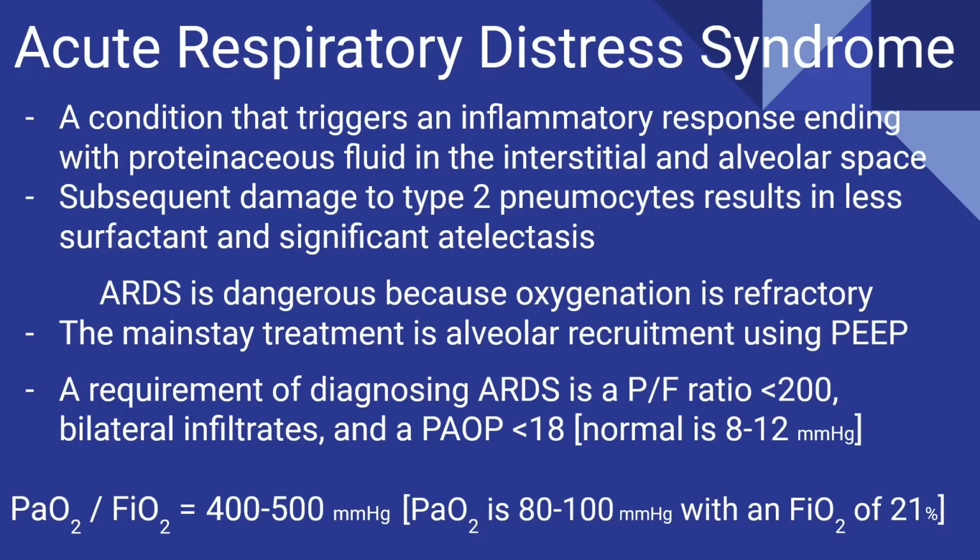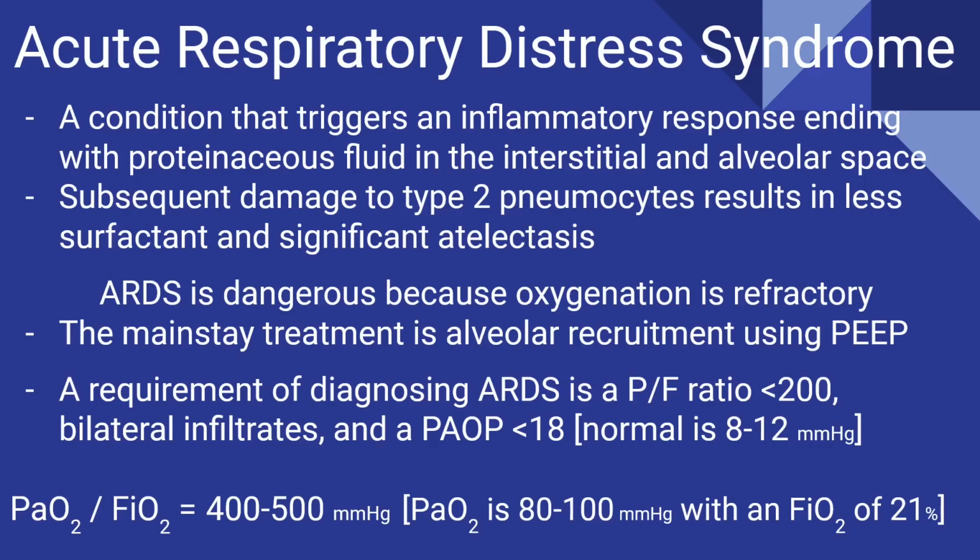And it can also be in the alveolar space, and what that's going to end up causing is some damage to those alveolar, those type 2 pneumocytic cells. And so as a result of those being damaged, they're going to produce less surfactant, and they're going to collapse, which is going to cause some significant atelectasis.